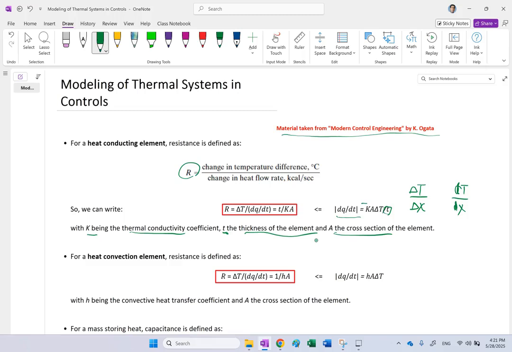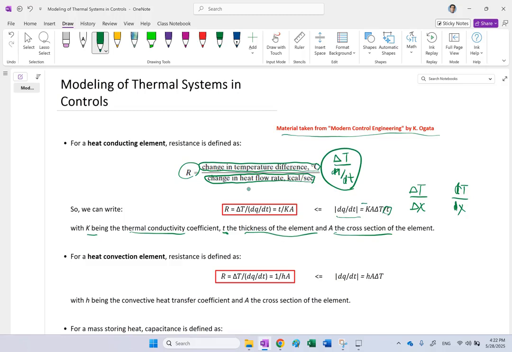We can also define a resistance for a thermal system, and that is basically the change in temperature difference divided by the change in heat flow. So it is basically delta T divided by dq over dt. That is the definition of resistance.